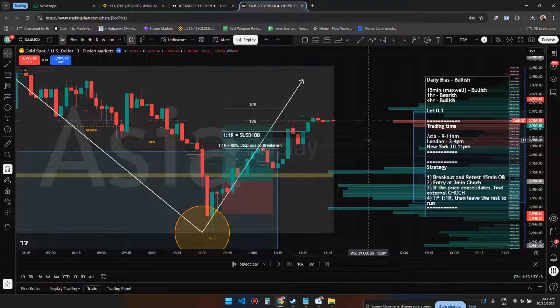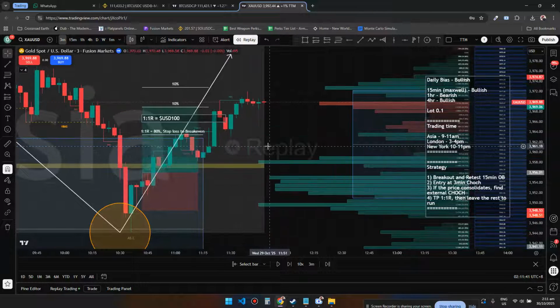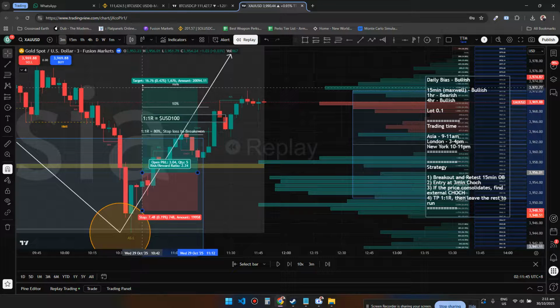Yeah, so you can see that it hit the first point of interest. It also hit the 1-to-1 risk ratio. This is important because this is like the base salary, like the base profit, basically. Then everything else you just let it run.